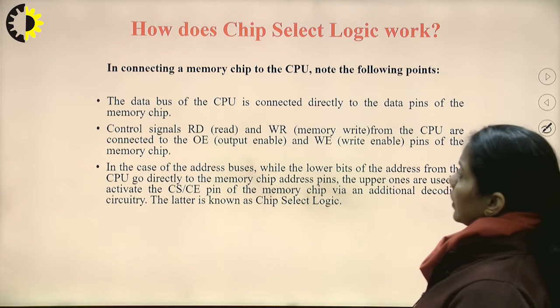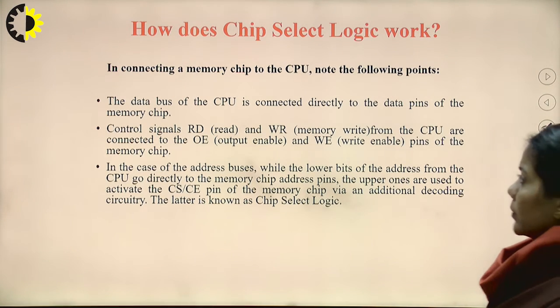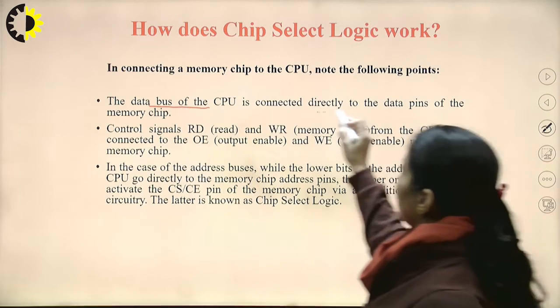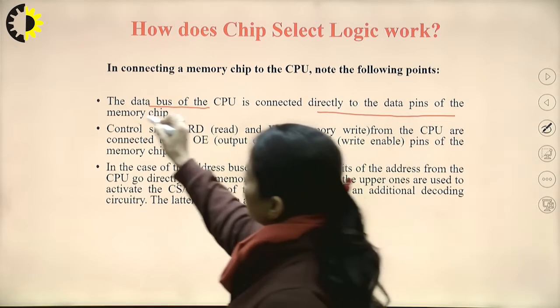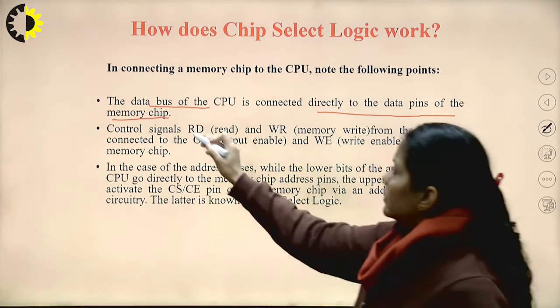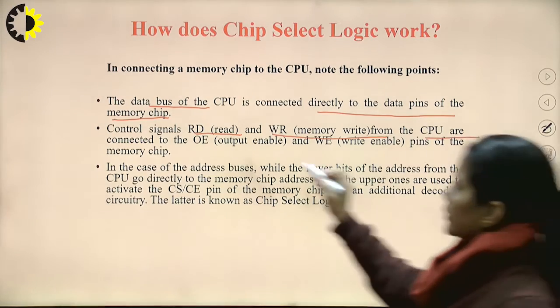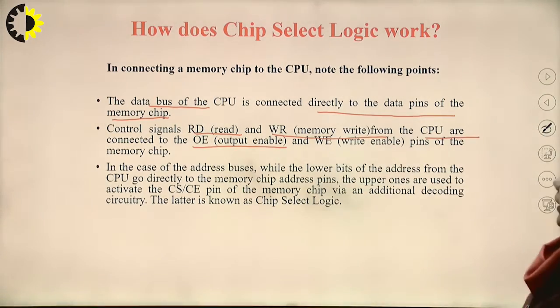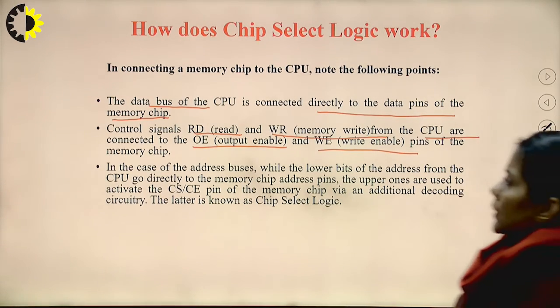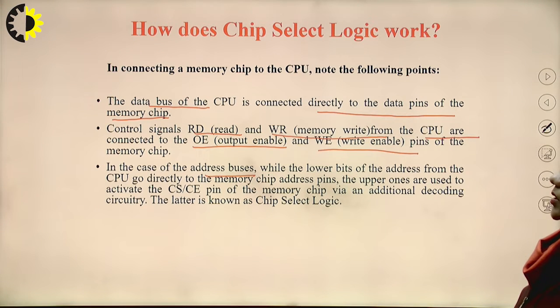In connecting a memory chip to the CPU, note the following points: the data bus of the CPU is connected directly to the data pins of the memory chip. Control signals read and write from the CPU are connected to the output enable and write enable pins of the memory chip. In the case of address buses, the lower bits of address from the CPU go directly into the memory chip address pins.